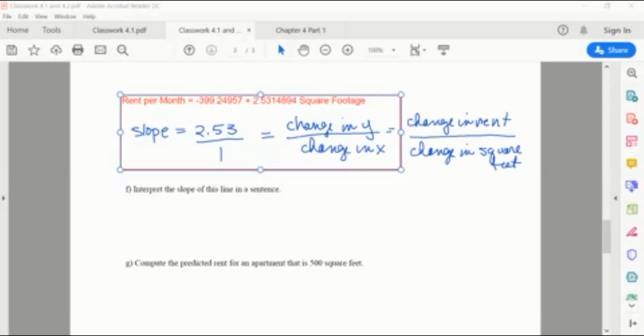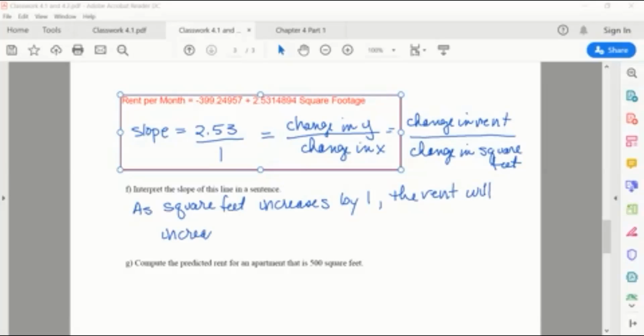So what I say is, as square feet increases by 1, the rent will increase by $2.53.